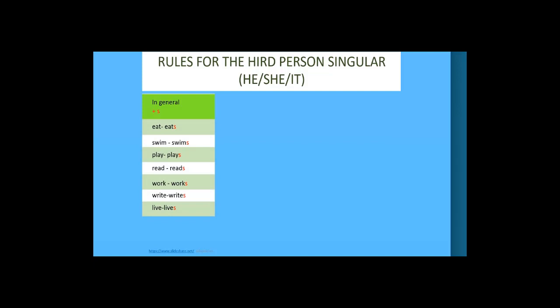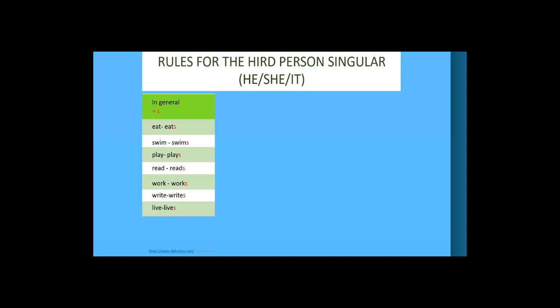Okay, so in general, remember, we just add an S. Okay, so we've got some verbs here. We've got eat becomes eats, swim becomes swims, play becomes plays. Now this is an important one, because this verb is ending with a Y. Okay, but before the Y you have a vowel.